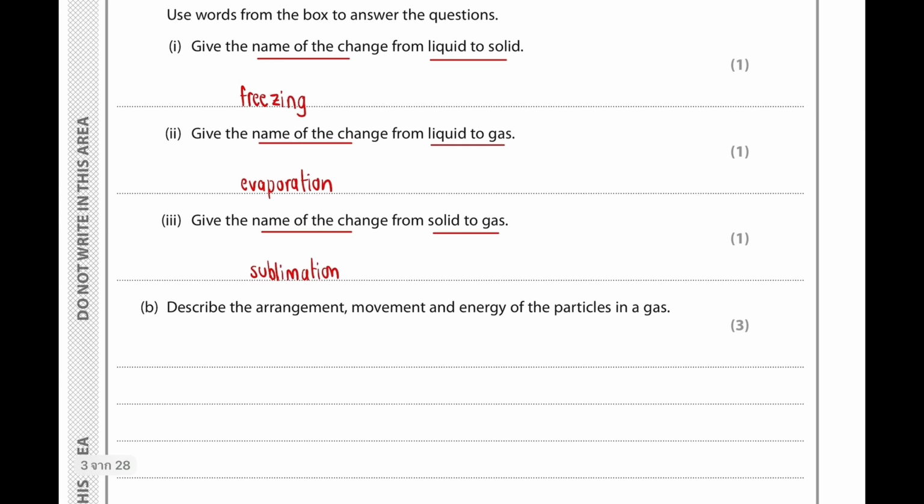Question B. Describe the arrangement, movement, and energy of the particles in gases.